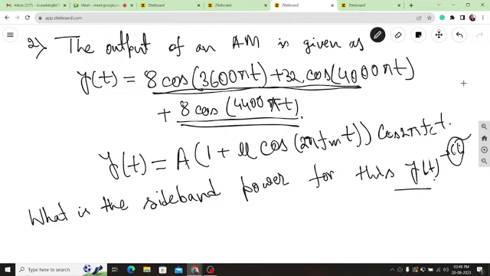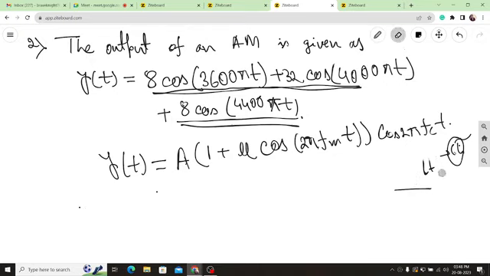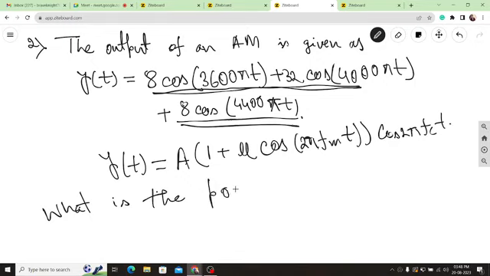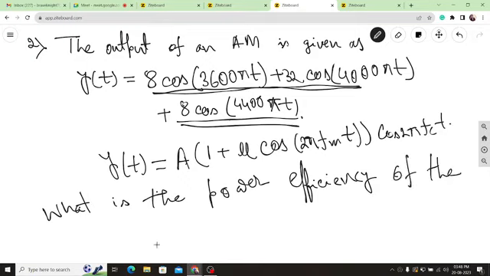Now the next question is, what is the power efficiency of the modulation scheme of this signal?